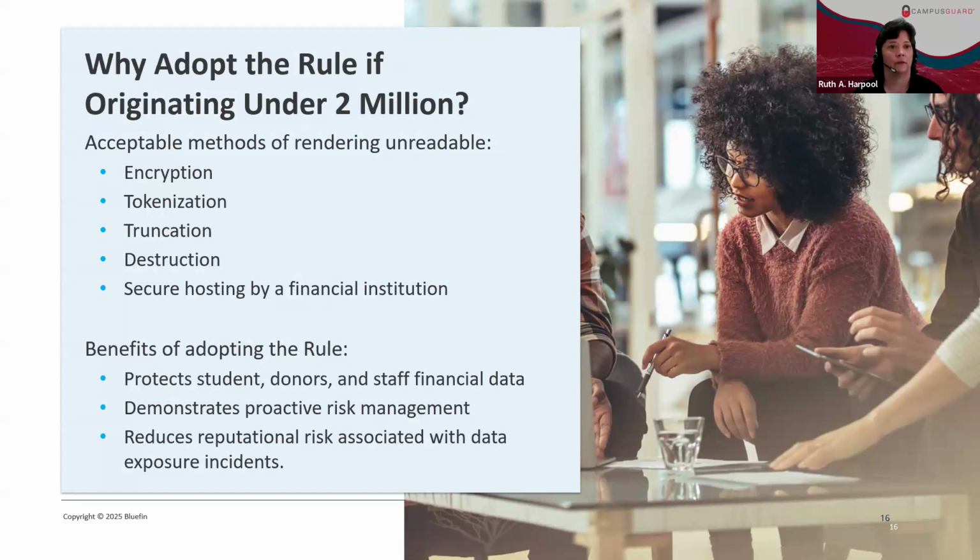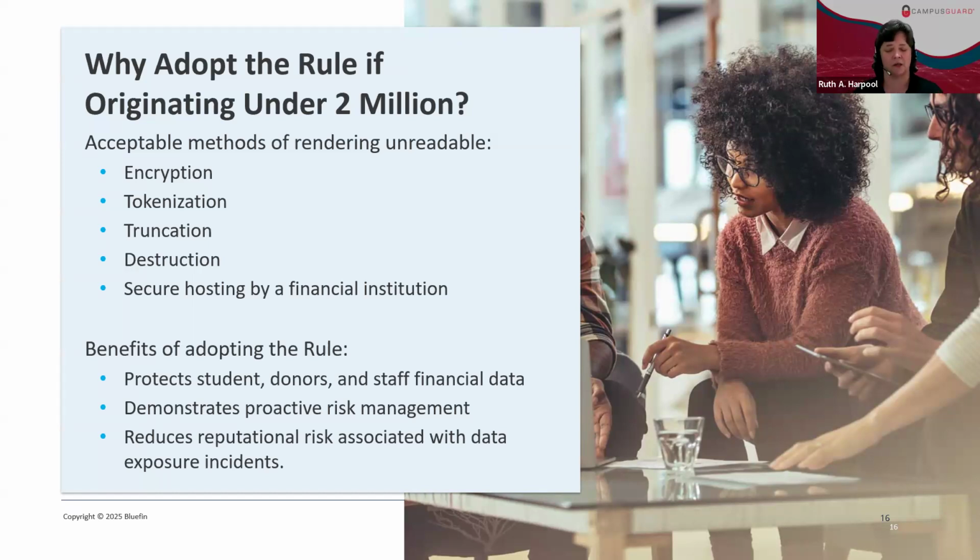So why adopt the rule if originating under 2 million? Why should you even do it? Well, the benefit is protecting the student data, the donor data, your bank account data, your staff's financial data, their payroll information. It demonstrates proactive risk management. If you can show that you have a plan, but that the fraudsters got around it, the penalties could be less.